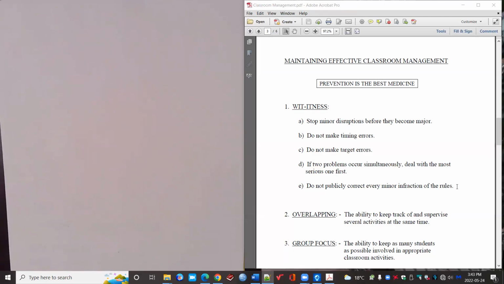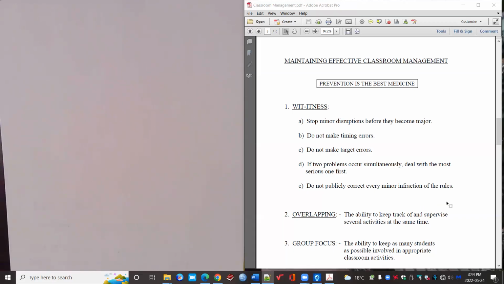Overlapping is the ability to keep track of and supervise several activities at the same time. This is indeed multitasking. That's overlapping, and a beginner teacher will certainly find it hard to do this, but with experience, you can.